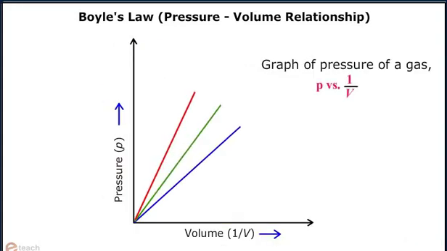You can see the graph of pressure P versus inverse of volume, that is 1 by V, for T1, T2 and T3 such that T3 is greater than T2, which is greater than T1.